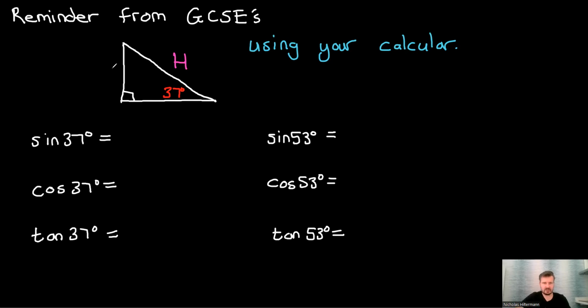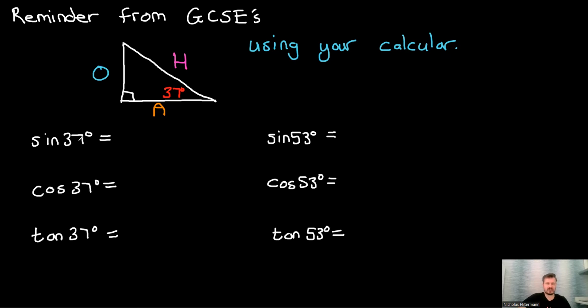The opposite is over here because it's opposite that angle, and the adjacent is over here. And then we learned about sine, cos, and tan. So sine is our opposite over our hypotenuse. Now if we use our calculator, we can actually figure out the ratio of these sides.